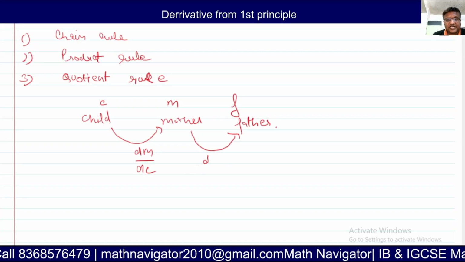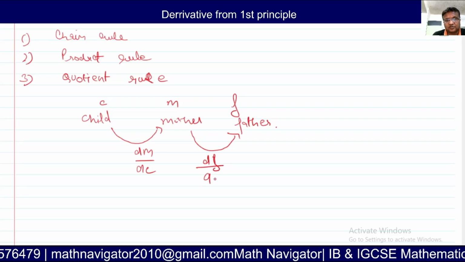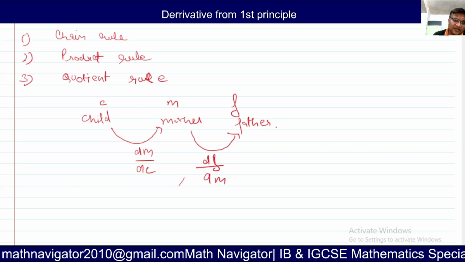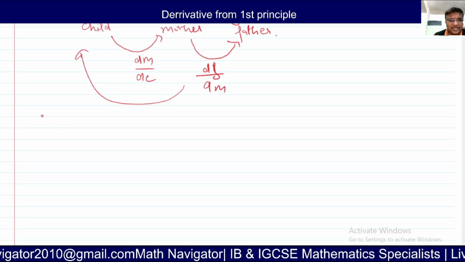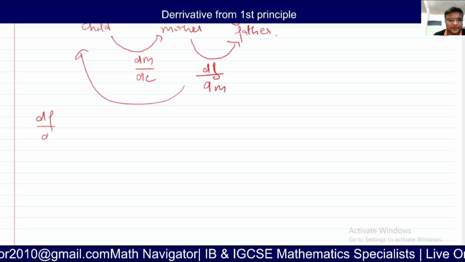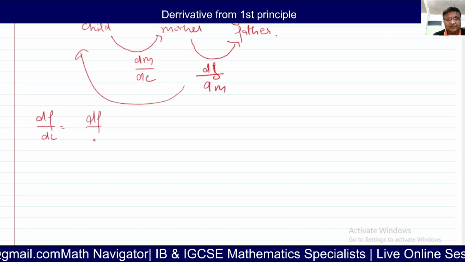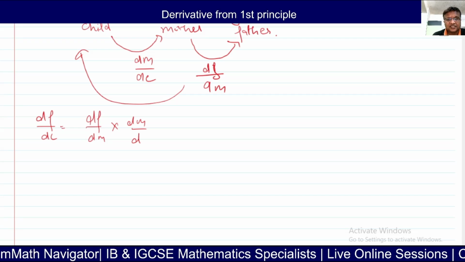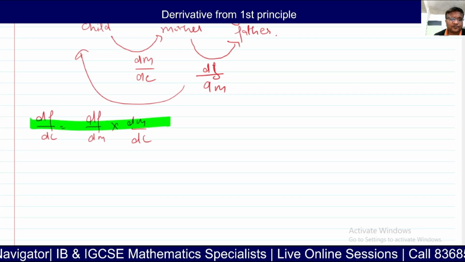So that means change in father with respect to mother, right? But ultimately the change in father came due to change in child. So if I want to find df by dc, then it will be df by dm times dm by dc. This thing is called chain rule.